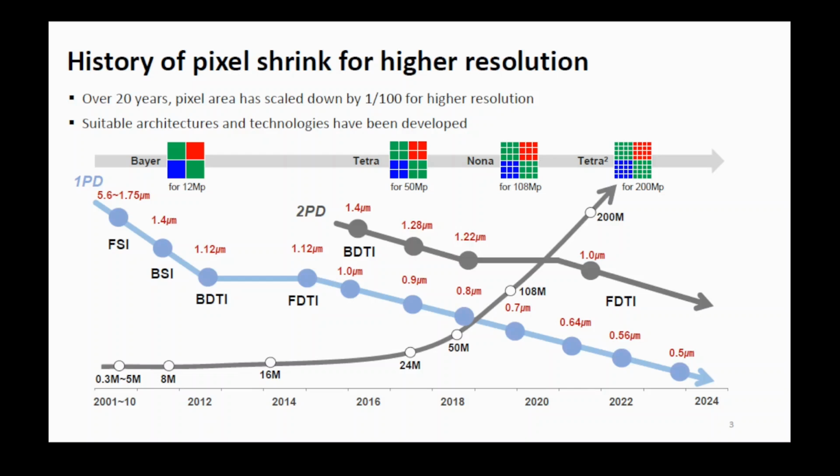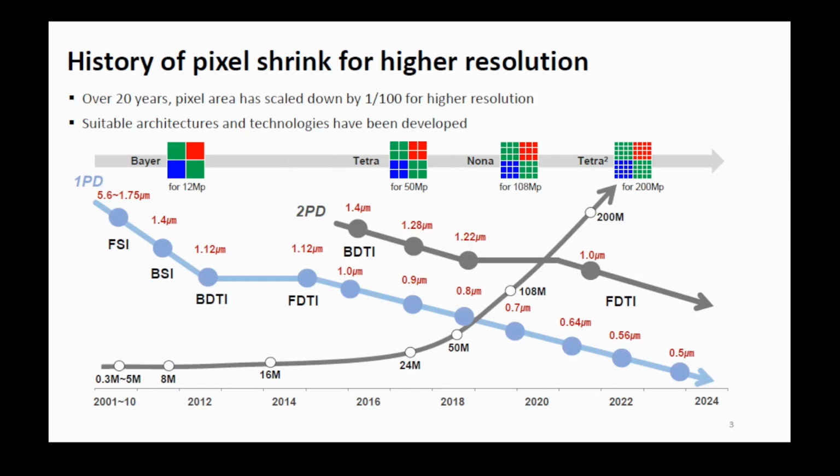So in order for small pixels to have better performance, in order to make a better 100 megapixel or 200 megapixel sensor, we should make the basic pixel performance better. Better basic performances would be, for example, better sensitivity, higher full well capacity and lower noise. So that would be the basic performances the smaller pixel should have.